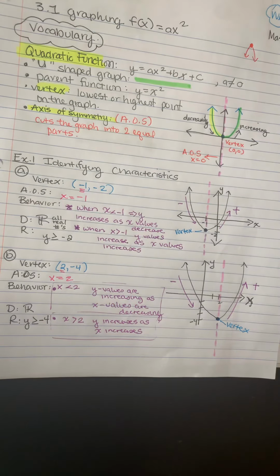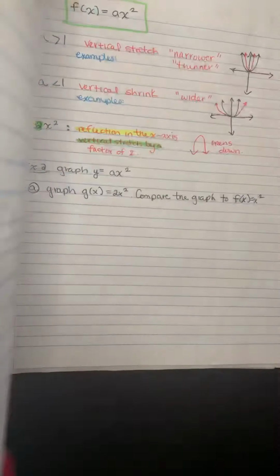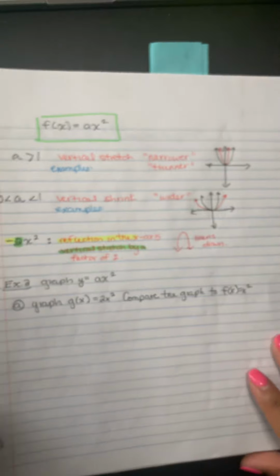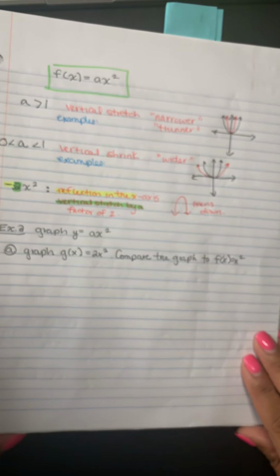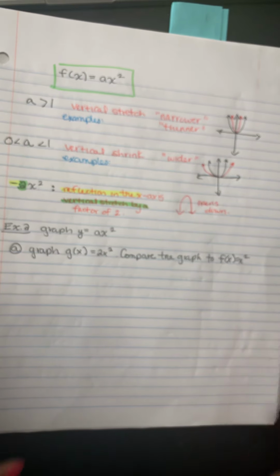All right, let's keep it moving. Let's talk about more of this function. This, I would have to say, is the second hardest chapter in the textbook because students are not used to all this wonderful information about quadratic functions.